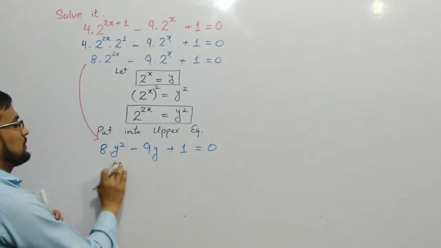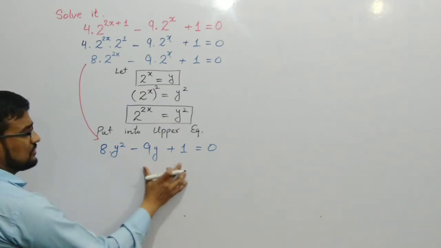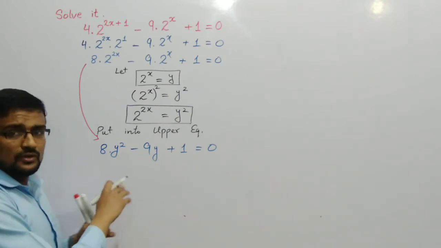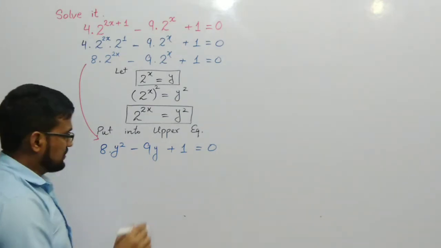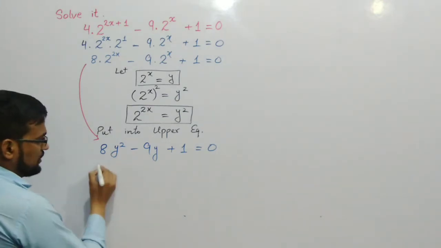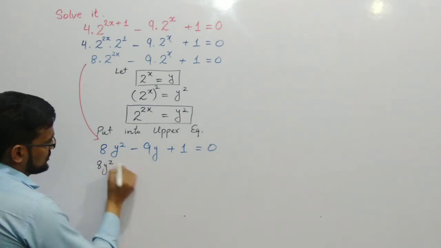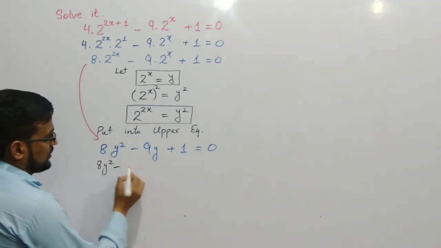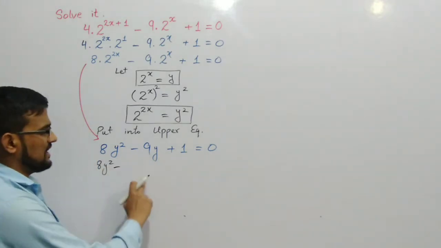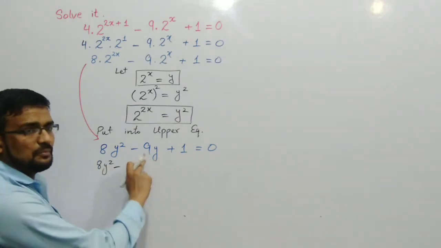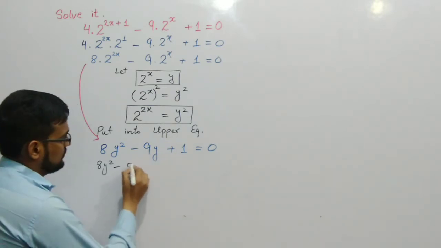Okay, so solve this by any method: quadratic formula, completing the square, or factorization. I use factorization because it is the simplest and time-saving method. 8y square as it is, and 9 is the sum of 8 and 1.